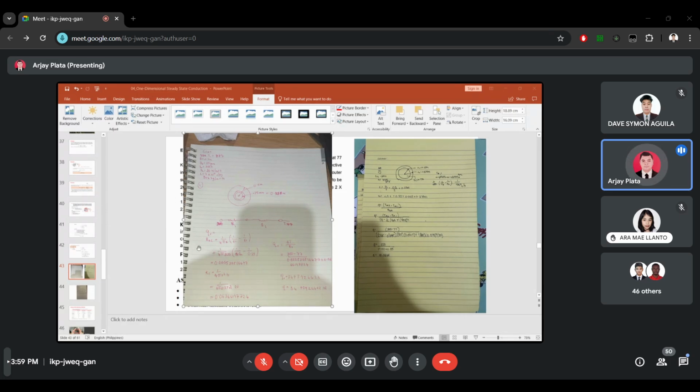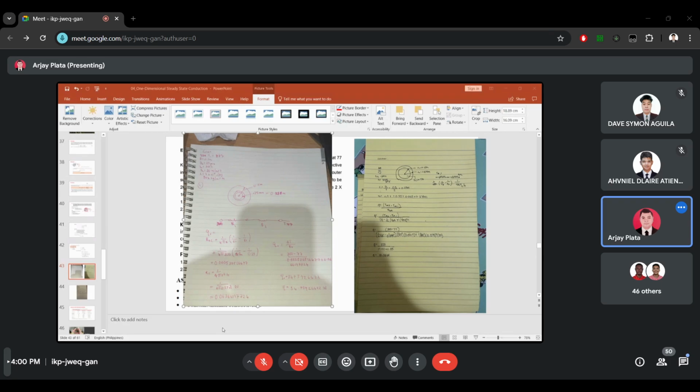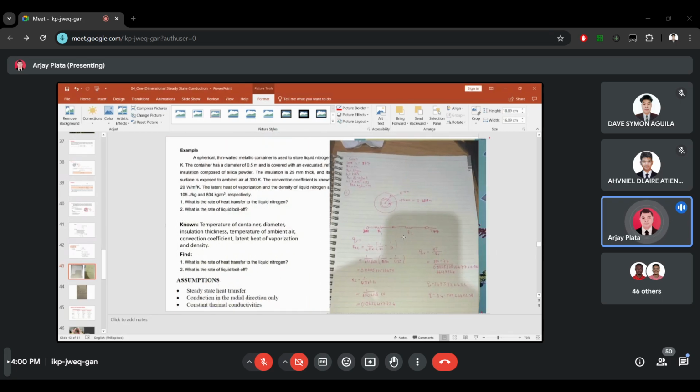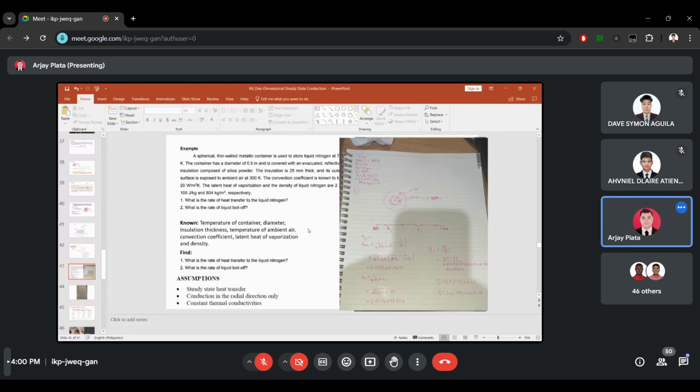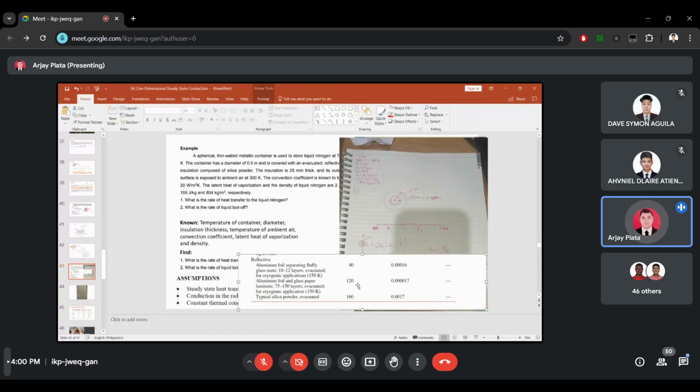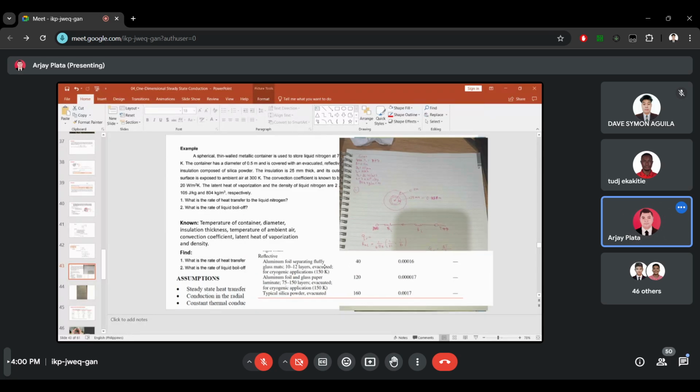Okay. So Taji, you will use this value for k, 0.0017 instead of 300.